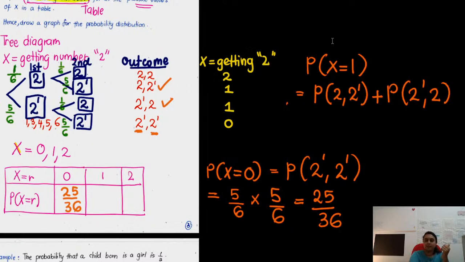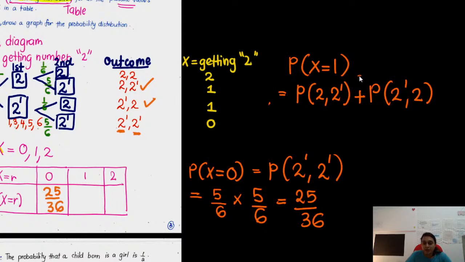Okay, so this is or means plus. What it means here again means I can either get this one or I can get this one. Okay, either one, right? So because of either one, this is a plus.